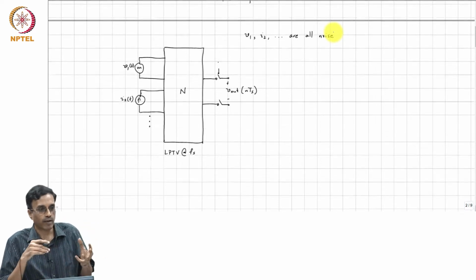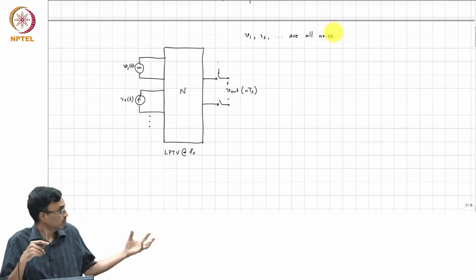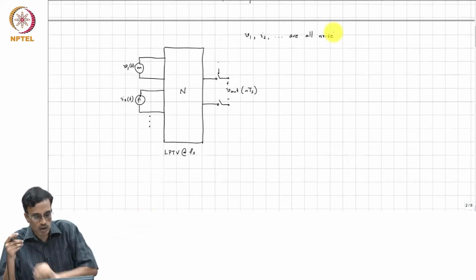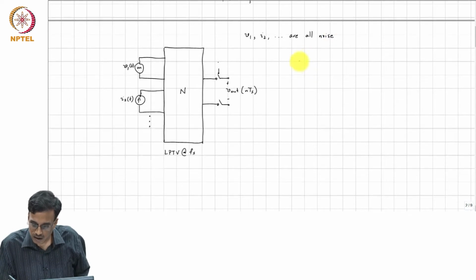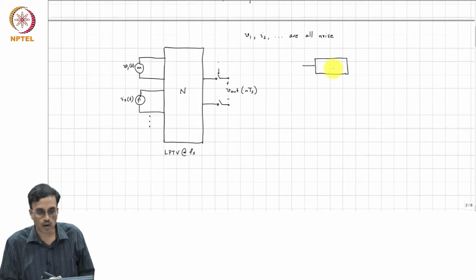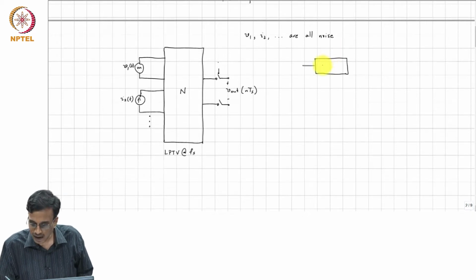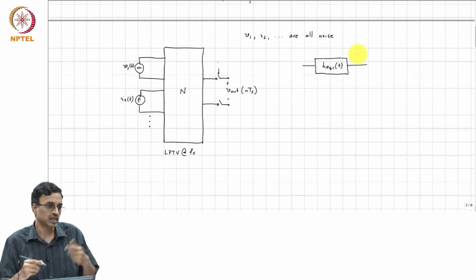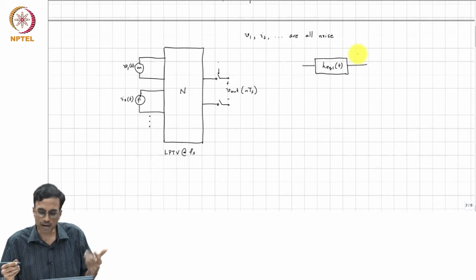So, you would like to find the transfer function from each of those continuous time noise sources to a sampled output, and now that we know this principle of the equivalent LTI transfer function, you basically have, for instance, H equivalent 1 of t, which is the impulse response corresponding to H equivalent 1 of j 2 pi f.